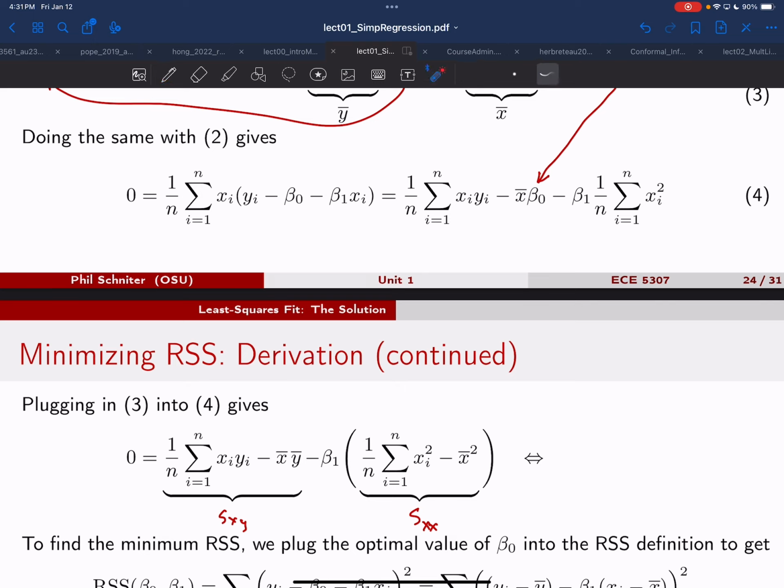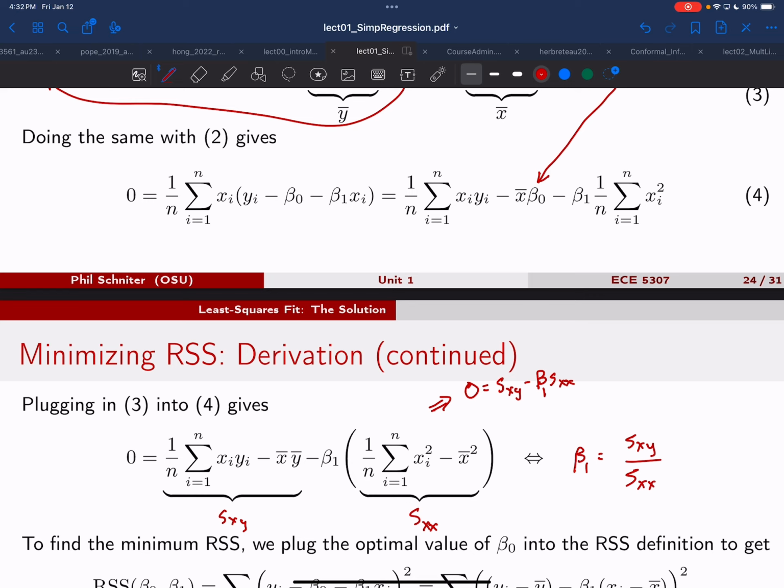So we can write this as 0 equals SXY minus beta 1 SXX. So now you can see if I move this to the other side and then divide both sides by SXX, we find that beta 1 is SXY over SXX.